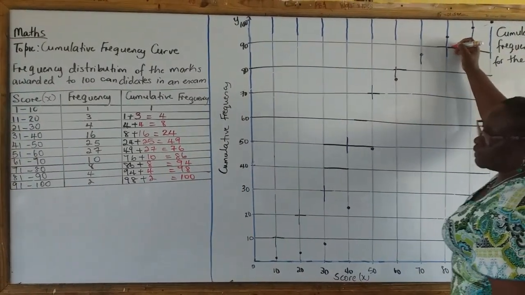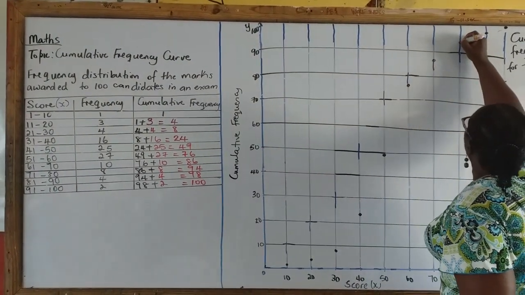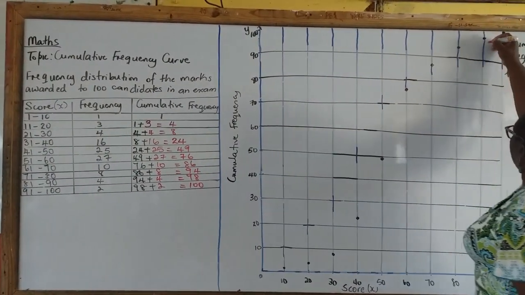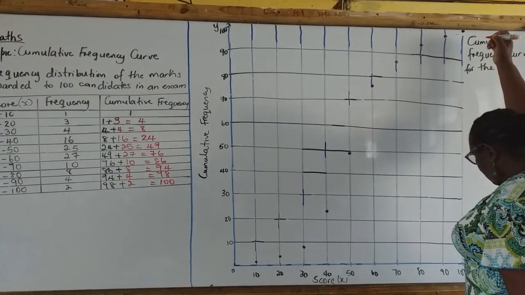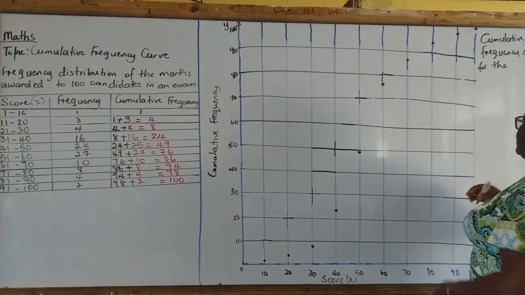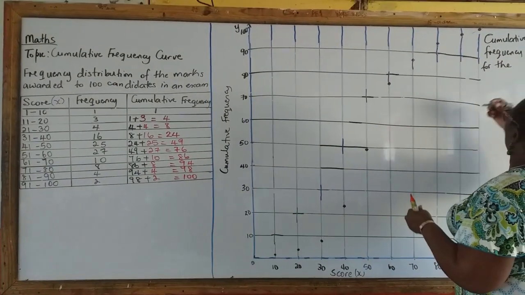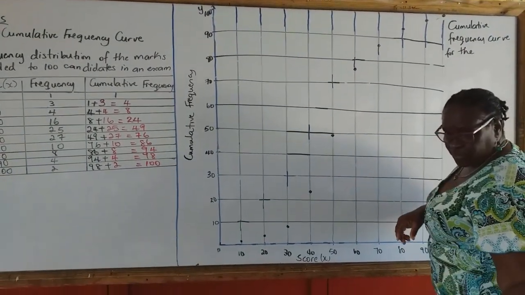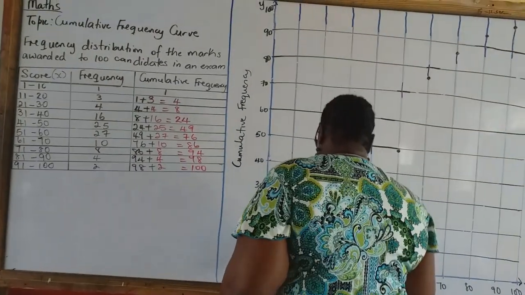For 80, it is 94. For 90, it is 98. And finally, for 100, it is 100. So we have the points plotted. We are now going to draw the curve, or join the points. So let's draw the points.